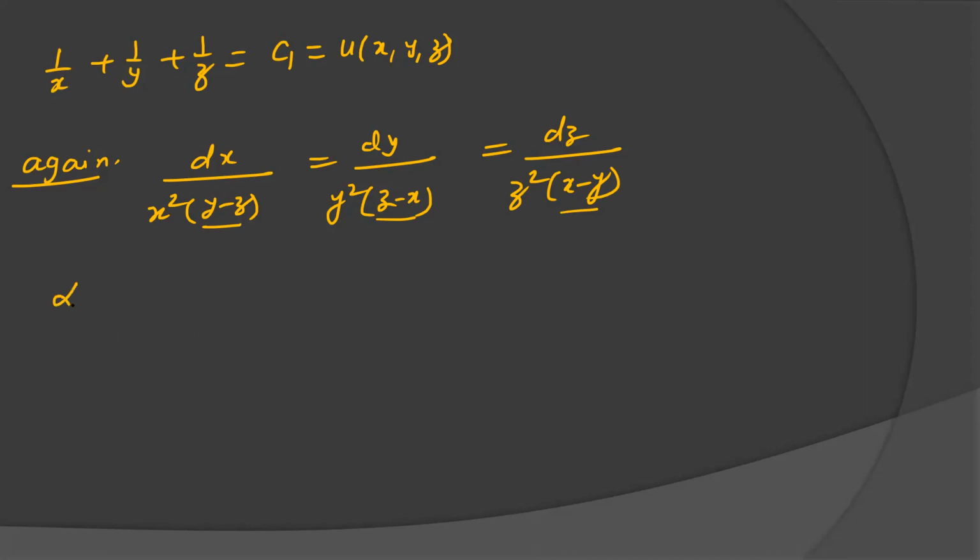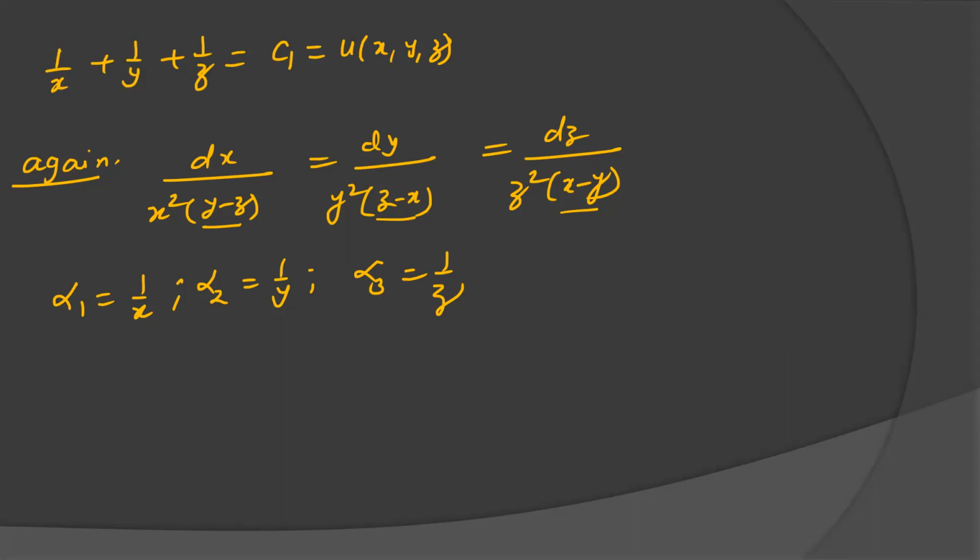Means what we want to say here is, if we take alpha 1 as 1 over x, alpha 2 as 1 over y and alpha 3 as 1 over z. It looks simple, but it is not simple. Why are we taking these alpha 1, alpha 2, alpha 3? This is actually by practicing. I can say that if you practice a lot in this type of problem, then you will find the alpha 1, alpha 2, and alpha 3.